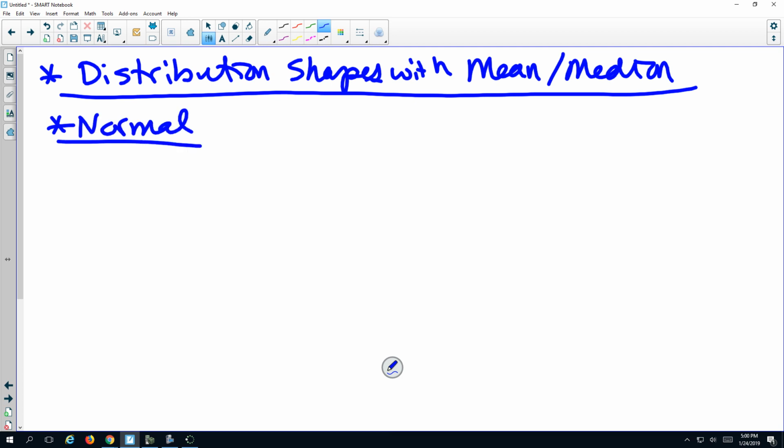So if you have a normal distribution, your mean and median are going to be in the middle, and they're going to be really close to each other.